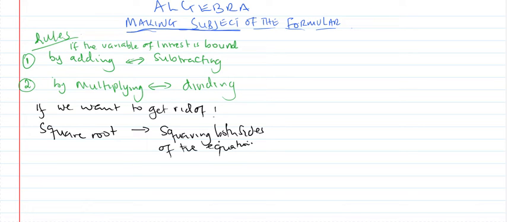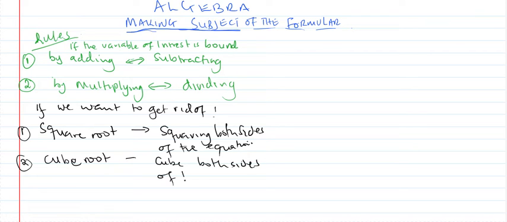We shall see how this is done. This is another rule. And then number two, if you've seen what we call a cube root, or if the number is cubed, you cube both sides of the equation.